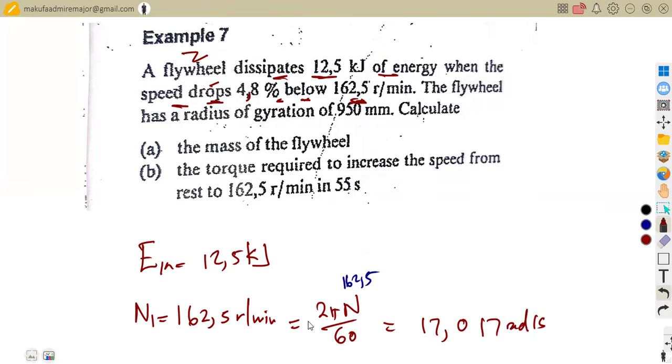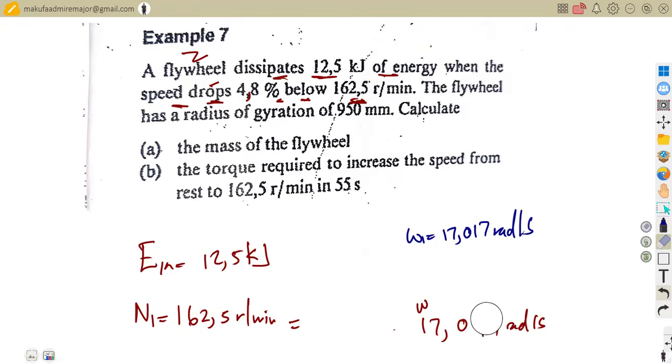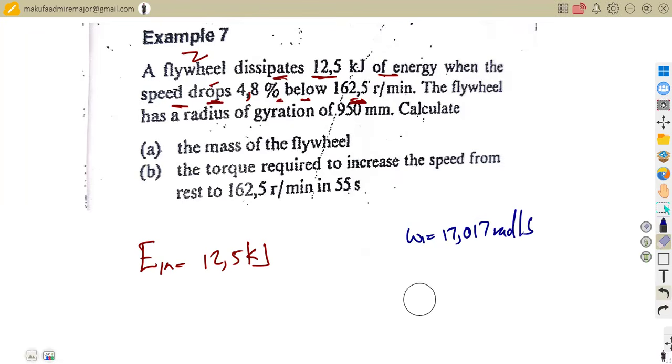So from this n, we are calculating omega. So it's like we are given omega, which is our omega 1, 17.0171 rad per second. But they are saying the speed drops 4.8% below this speed.